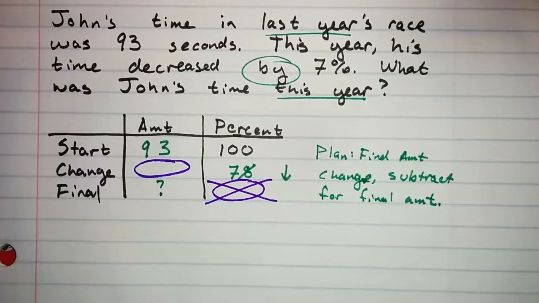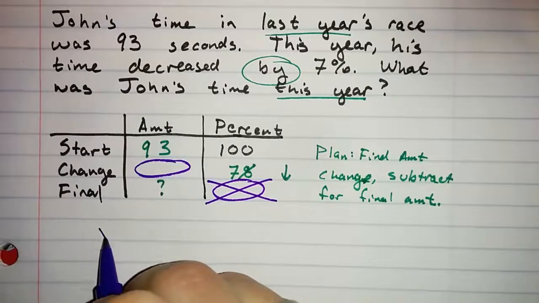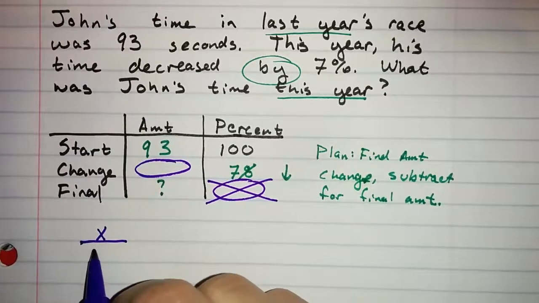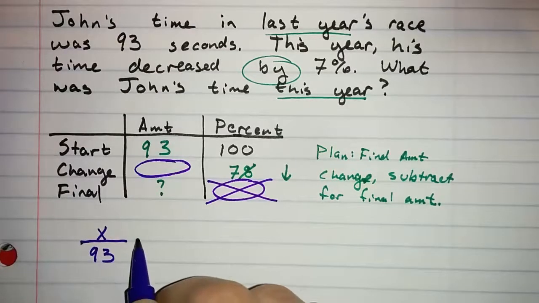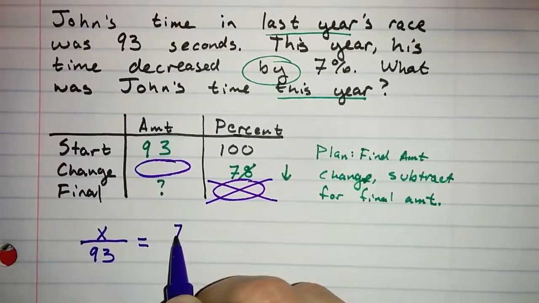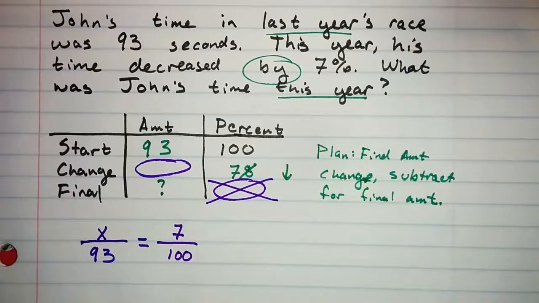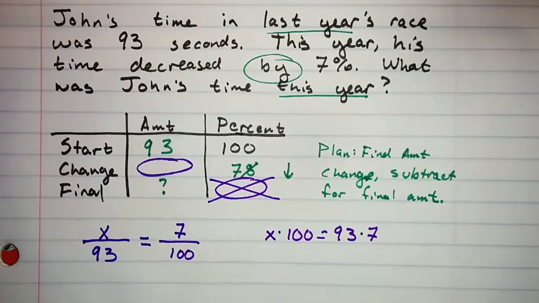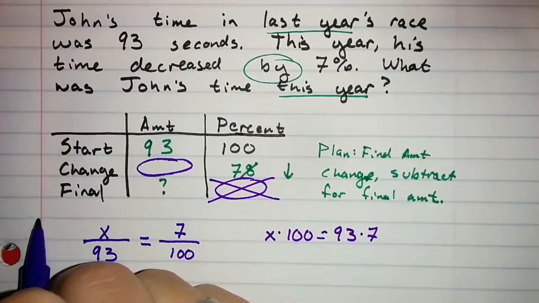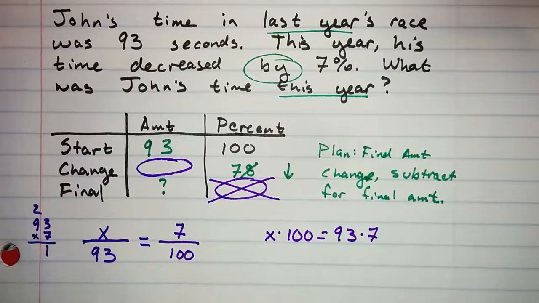So in order to find the amount change, I'll set up the proportion. The amount change over the starting amount is the percent change out of 100. I'll cross multiply. I'll need to multiply 93 times 7. 7 times 3 is 21. 9 times 7 is 63, 64, 65.